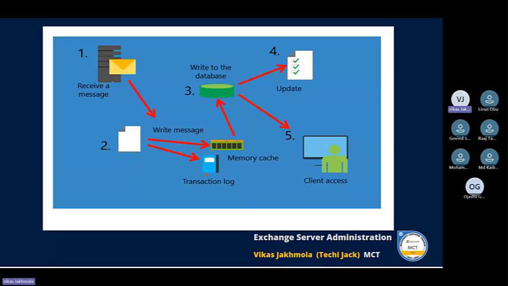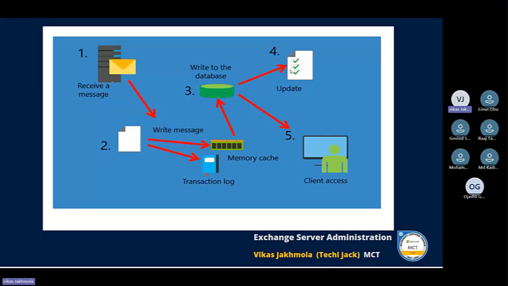And once the message is written to the database, the process comes to the checkpoint, because now the mailbox server updates the checkpoint file to indicate that the transaction was committed properly. So now you will get the clear picture. Once the mail is written into the database, it goes to the checkpoint file.